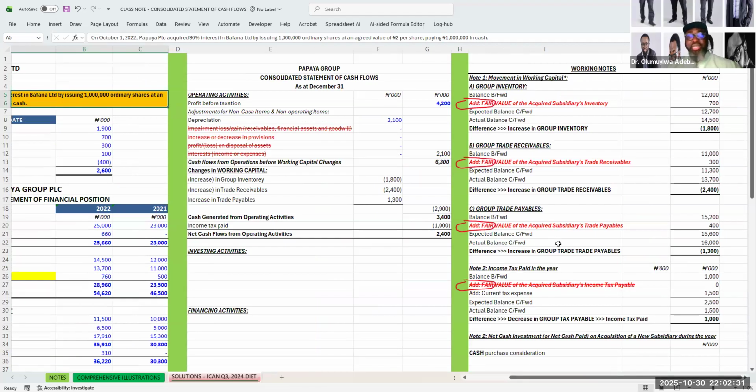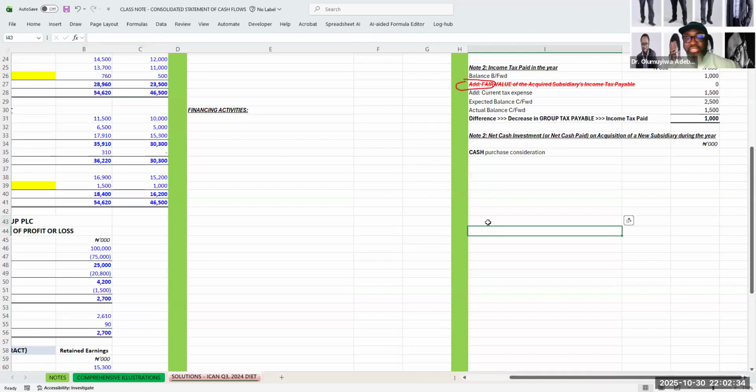But we are still going to do analysis of it. Now, let me do a short analysis for you. What is the purchase consideration? Similar to what we have done in group accounts, the purchase consideration here is a mix of share consideration, or what we can call share exchange, and cash consideration.